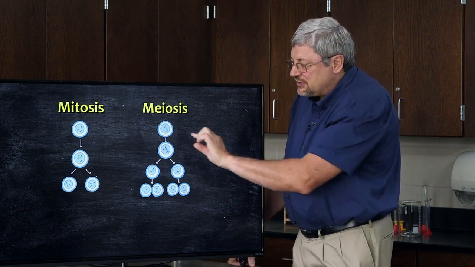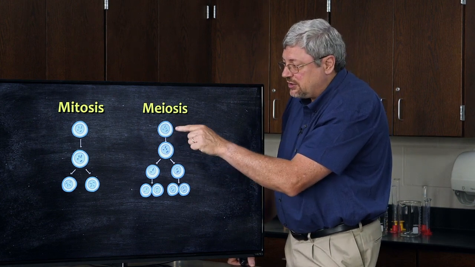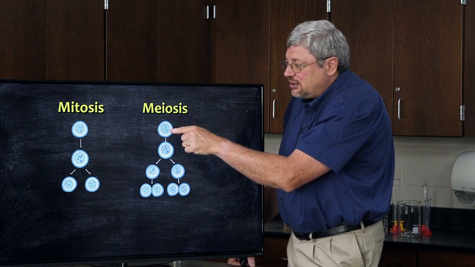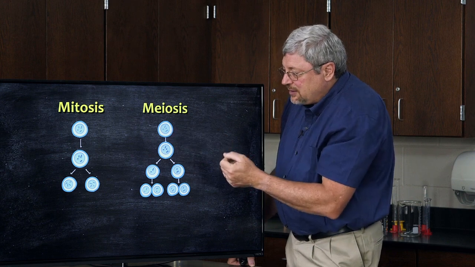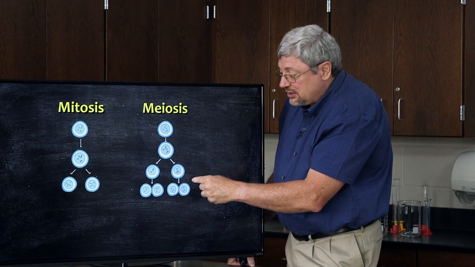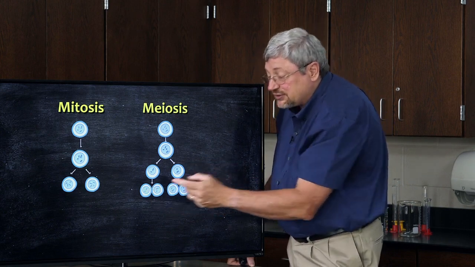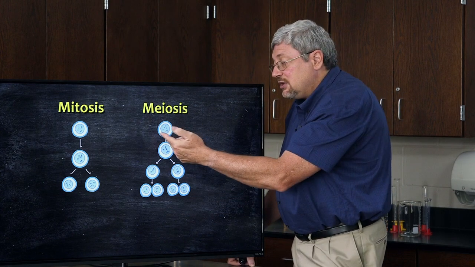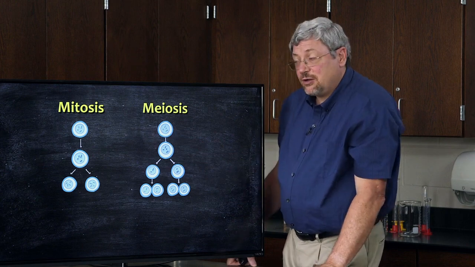Also, another difference is there's crossing over that occurs early on in prophase 1. As a consequence of that, there's a combination of genetic material in each of these resultant cells that is different from the parent cell we started with.